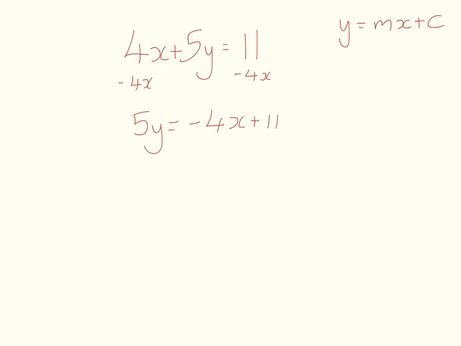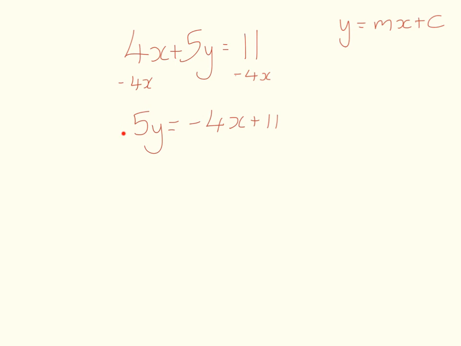I could have written 11 take away 4x, that would probably be the more conventional way to write it, but I want to write it in the form something x plus something. So I wanted to write this first because this has the x part attached to it. Okay, I now want it to be y equals mx plus c. I've got 5y here.